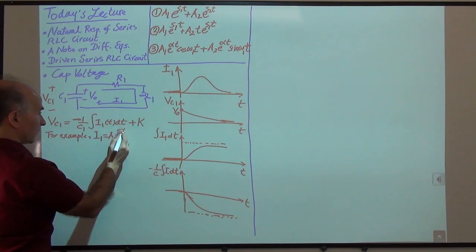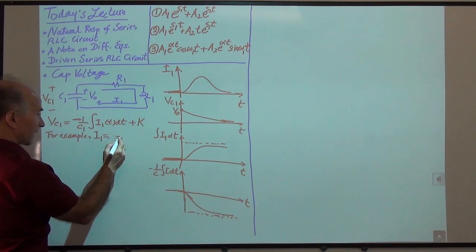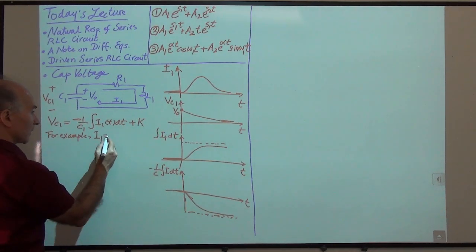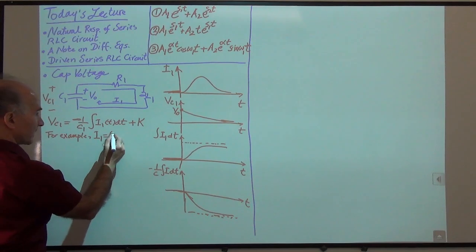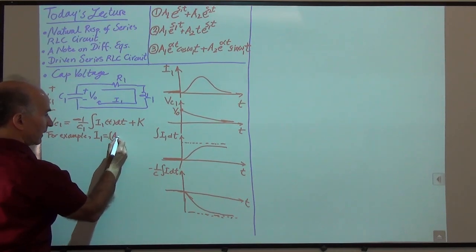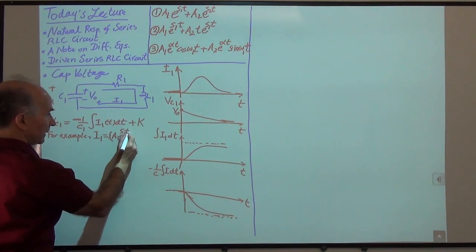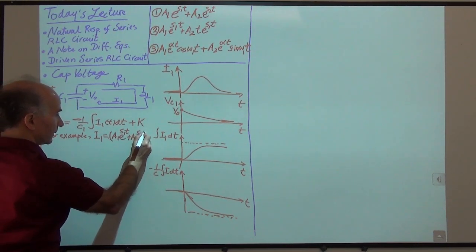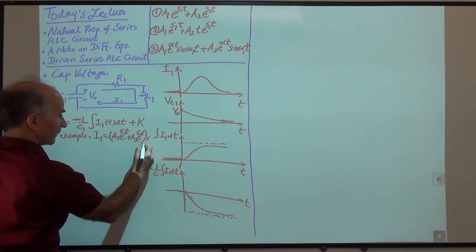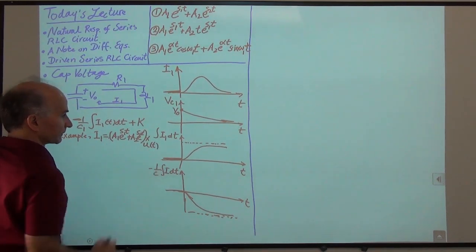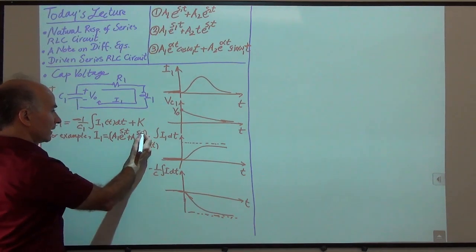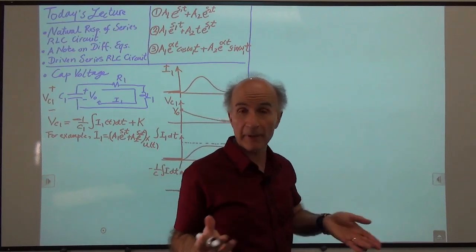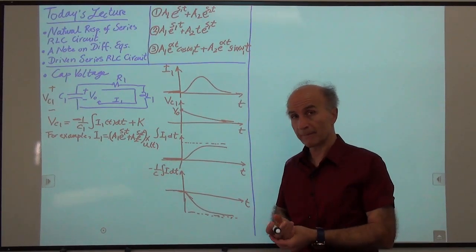Actually, I need to multiply this by u(t), if you remember from last time, so that the current is 0 before time 0. So let's open a parenthesis here. We say A1 e to the S1t plus A2 e to the S2t, and then the whole thing times u of t. All right, so that is the expression we have for the current as a function of time if the system happens to be overdamped.